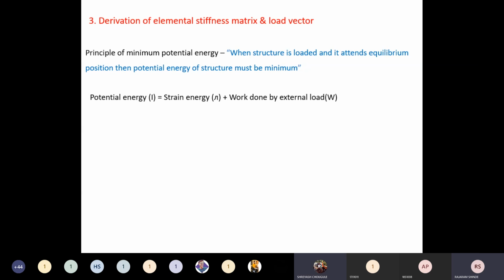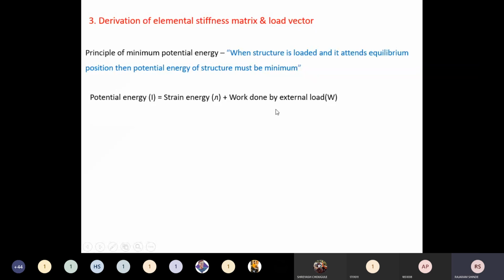Now you have to remember that this statement, or this concept, we are using for deriving the elemental stiffness matrix and load vectors, or the finite element equation for a single element. When a structure is loaded and it attains the equilibrium position, then the potential energy of the structure must be minimum, and potential energy is strain energy plus work done by the external loads.